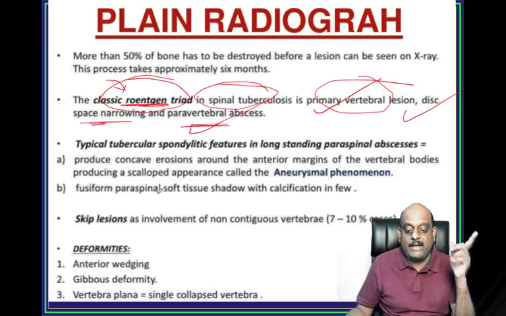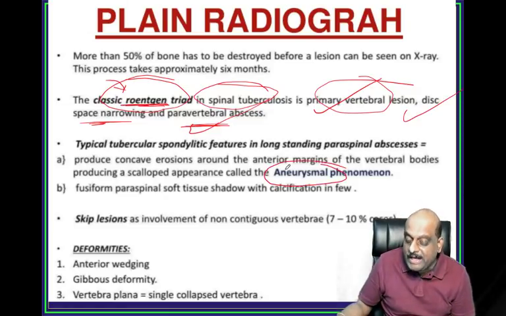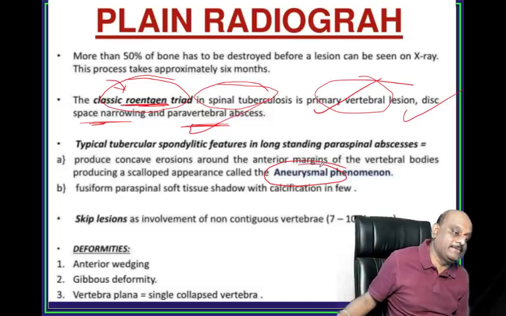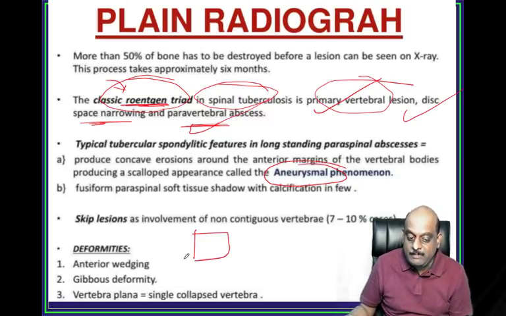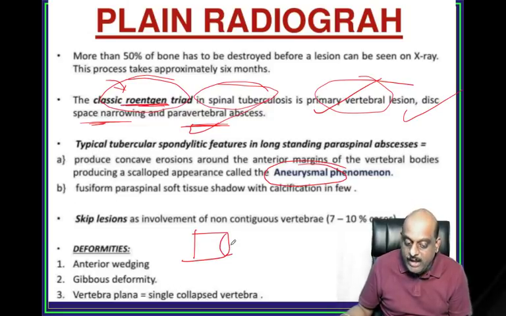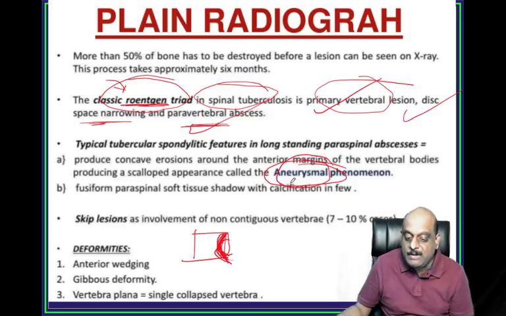Then one more important favorite MCQ. Aneurysmal sign of TB spine. Typically the vertebral body will be there, no doctor? So there will be a concave erosion, and that scalloped appearance is called the aneurysmal phenomenon.